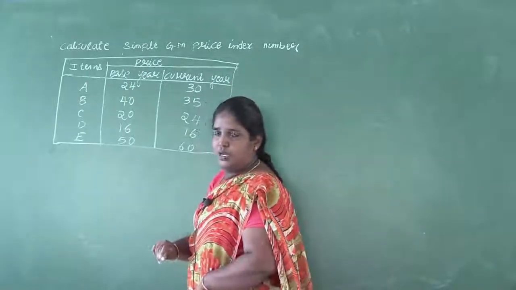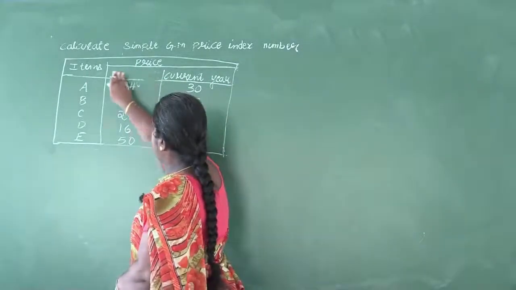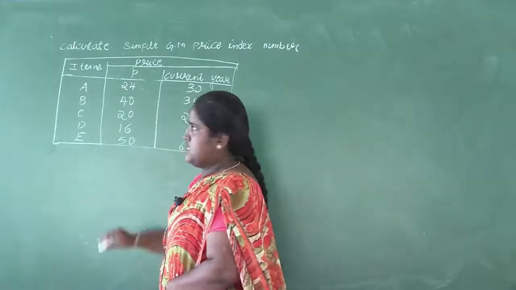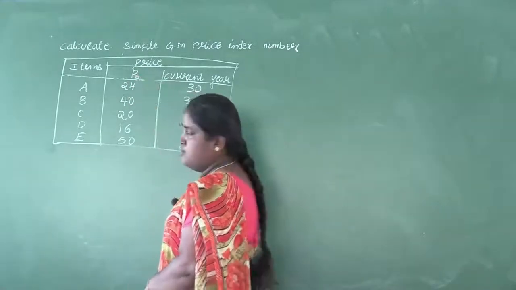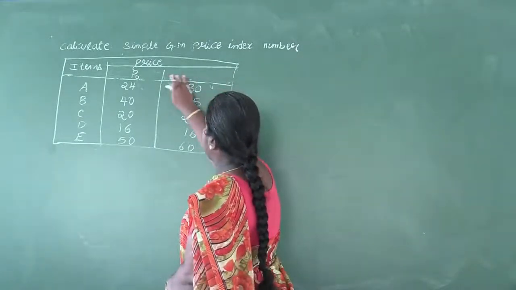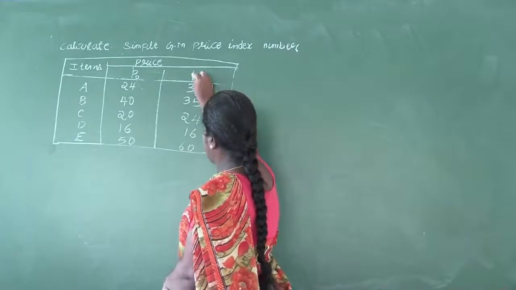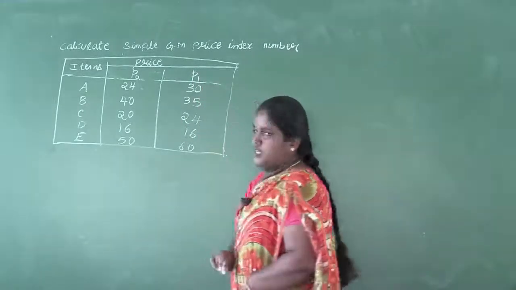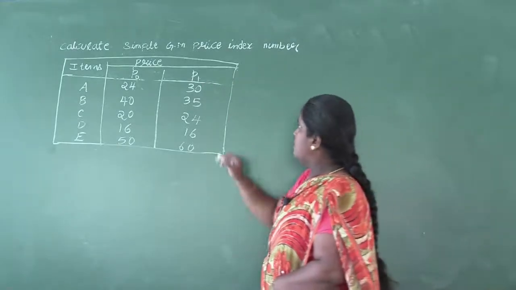So base year price is denoted by P, since it is price, and for base year it is 0. So base year price is P0, current year, since price P, for the current year the symbol is 1. So P0 and P1 are given.